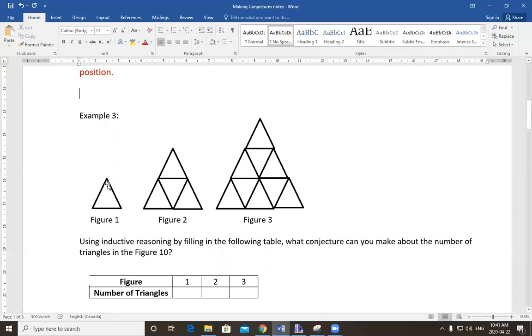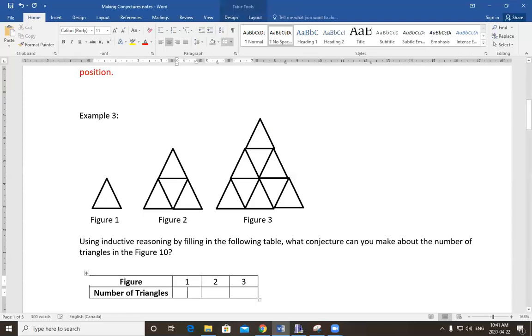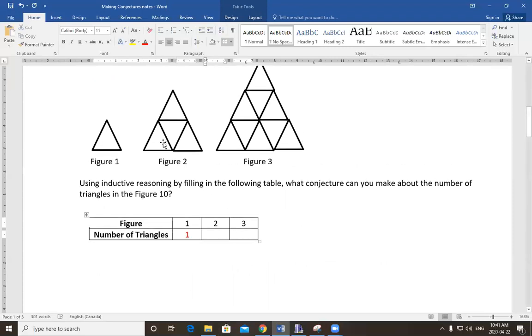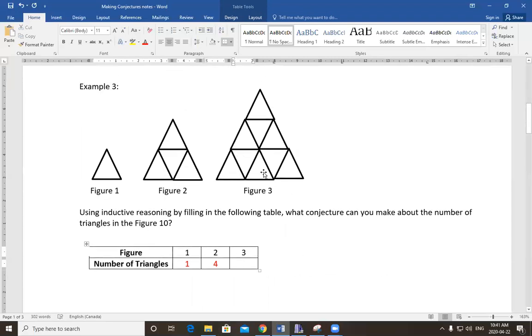So figure 1 has 1 triangle. Figure 2 has 4 triangles. Figure 3, 1, 2, 3, 4, 5, 6, 7, 8, 9, has 9 triangles.